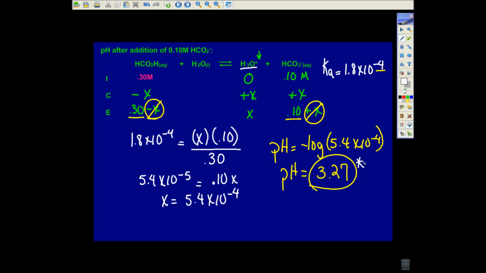So anytime you add that common ion, it's going to drive the equilibrium back to the left. And in an acid situation, it's going to increase that pH. And what essentially you've developed is a type of buffer solution when you do that. And in one of the following videos, we're going to examine buffer situations and how they change their pH with the addition of acid or base.